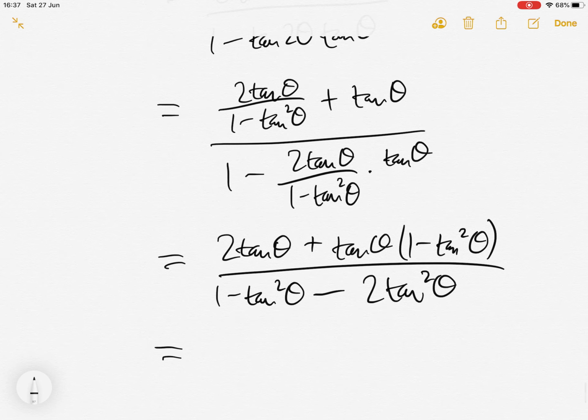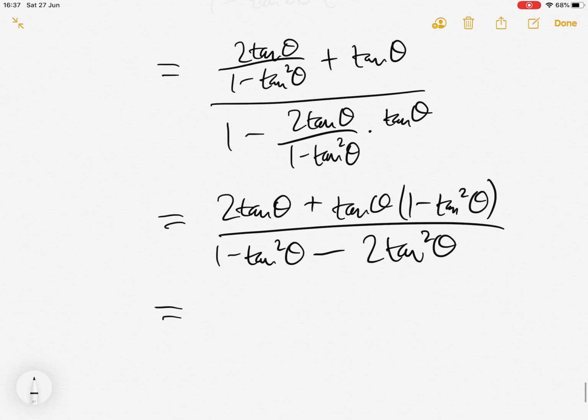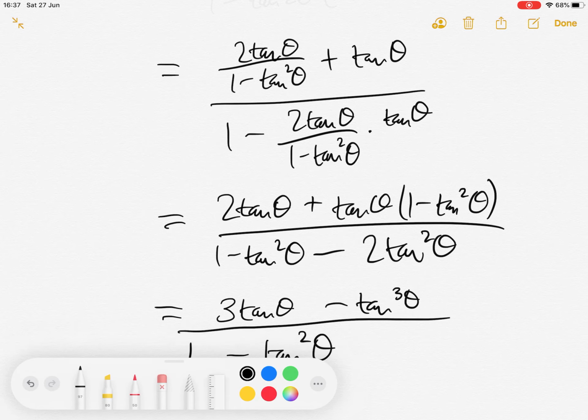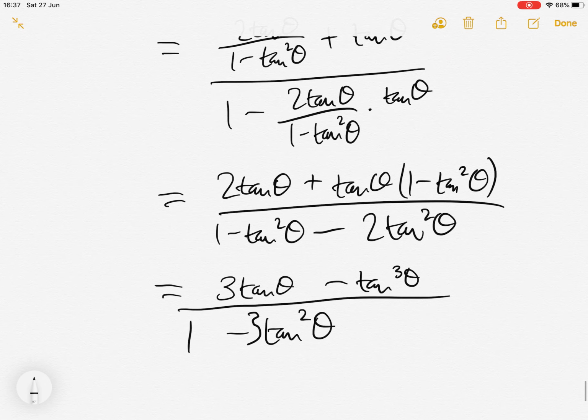And then if we expand everything out and simplify, we've got 2 tan theta plus tan theta, that's 3 tan theta, minus tan cubed theta over 1 minus tan squared theta, minus 3 tan squared theta.